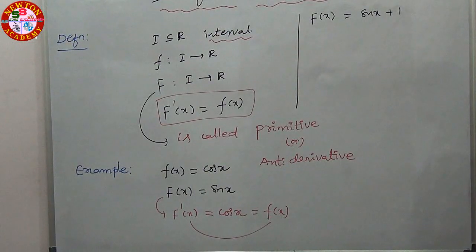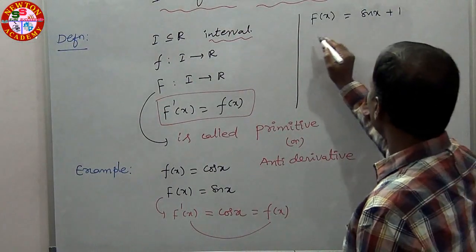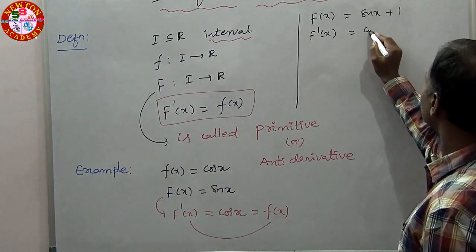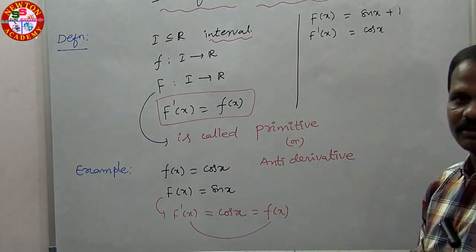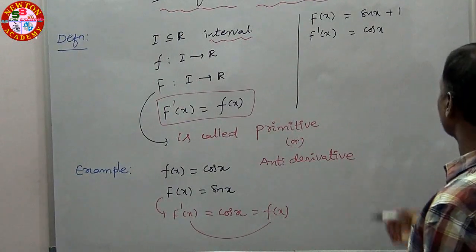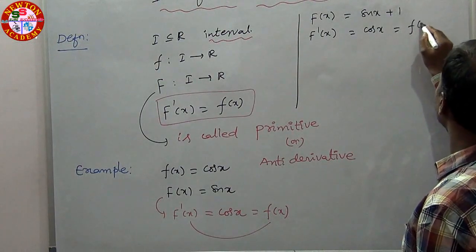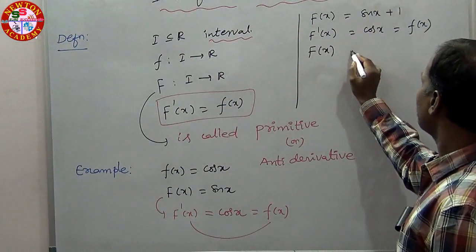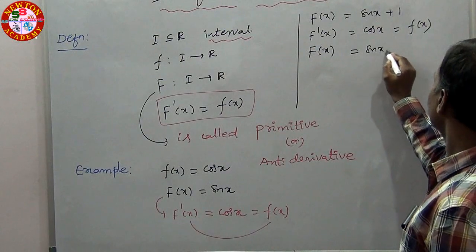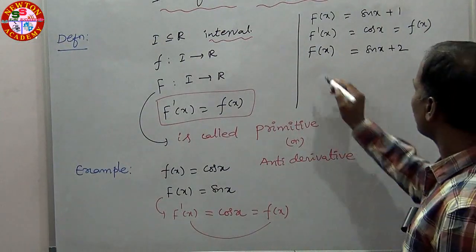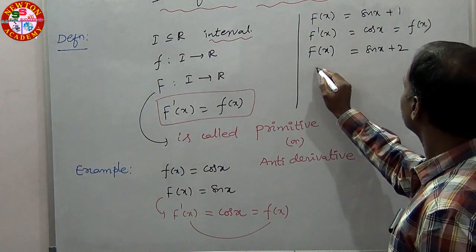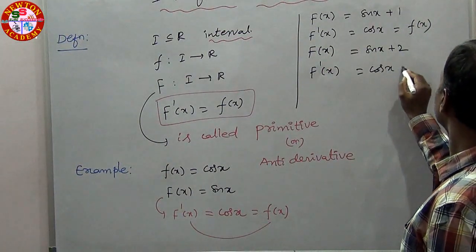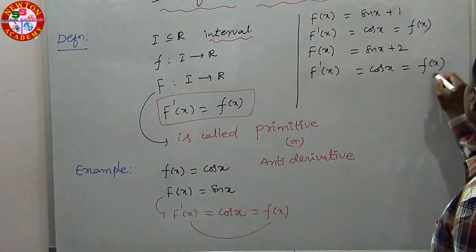Then F dash x equal to cos x, because the derivative of sin x is cos x and the derivative of 1 is 0, which is nothing but small f of x. Suppose I consider capital F of x equal to sin x plus 2, then F dash x equal to cos x, equal to small f of x.